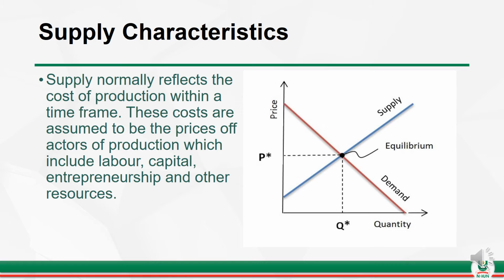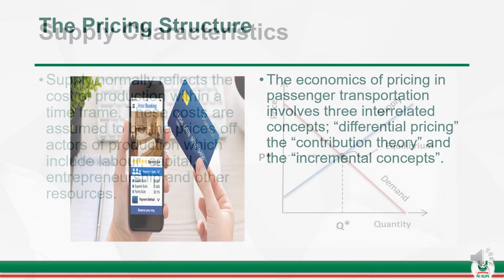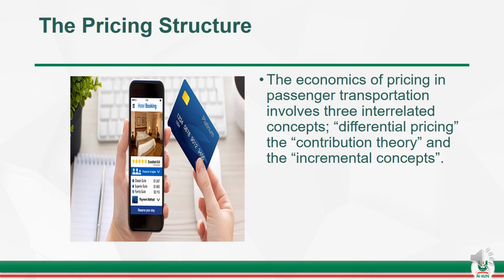This point has been pointed out by Arrow in 1992 and Hall in 2005. Pricing structure.